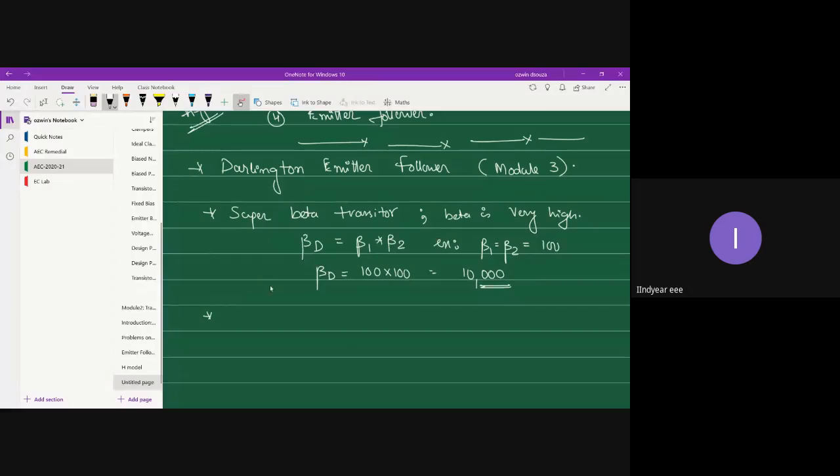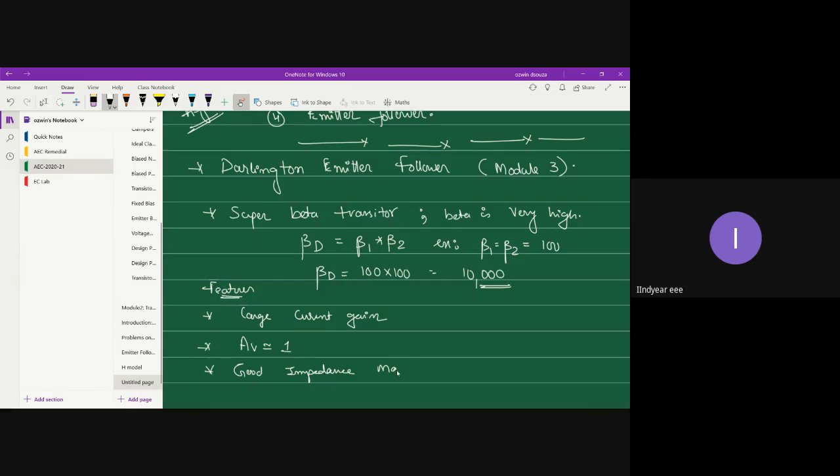The Darlington emitter follower features are large current gain and voltage gain approximately equal to 1, just like any other emitter follower circuit, and good impedance matching.